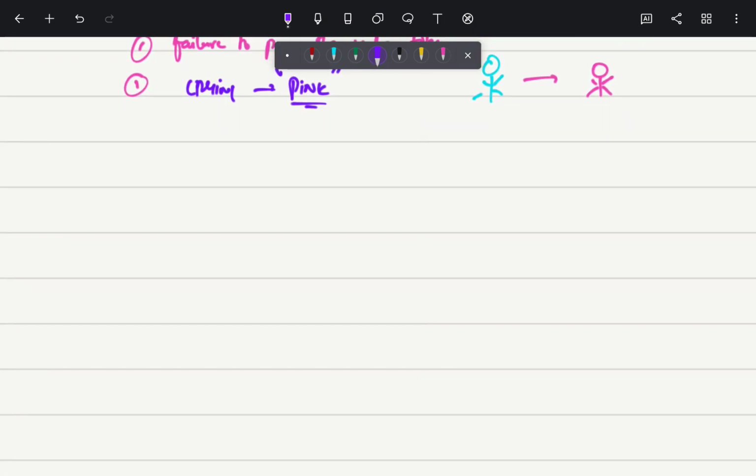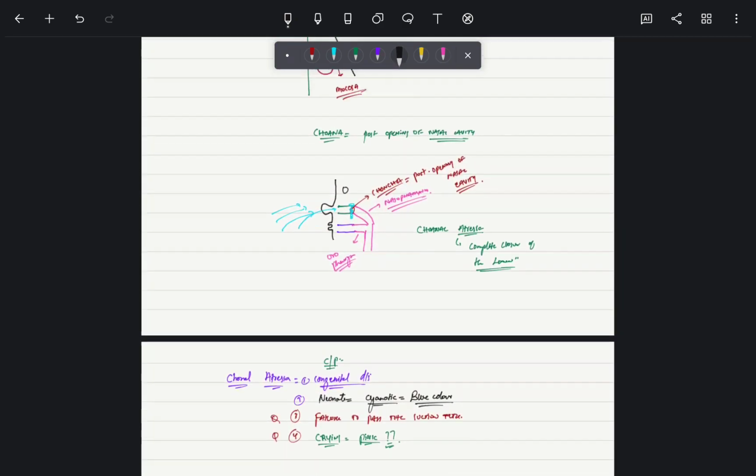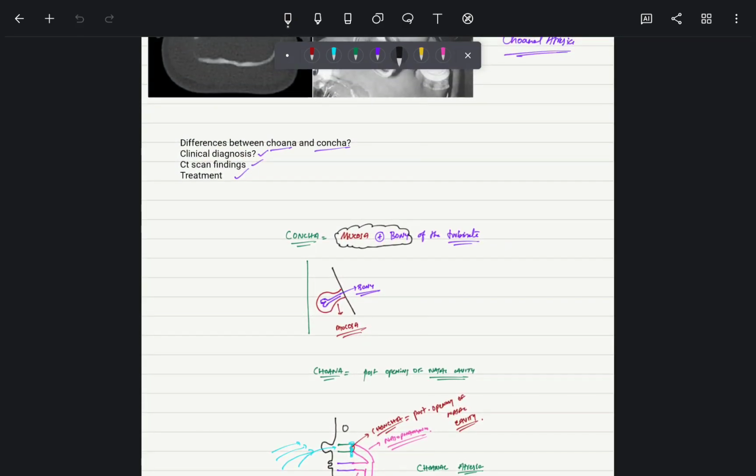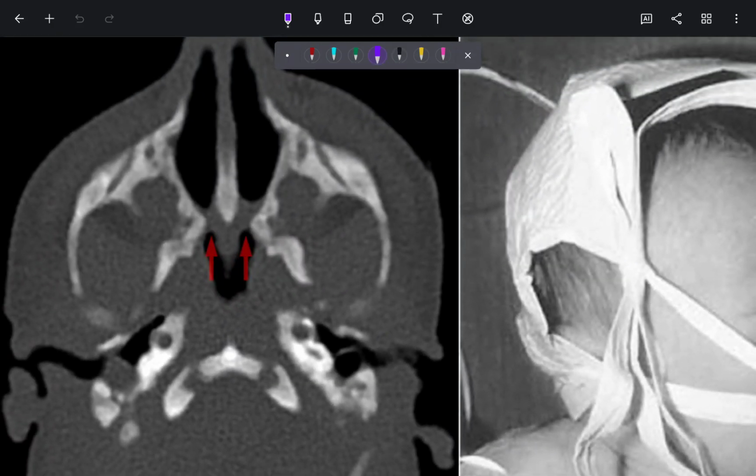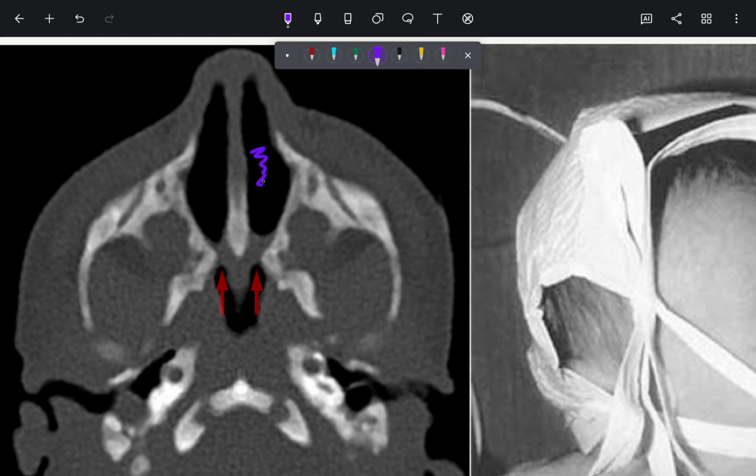Now what are you going to do in this patient? Okay, first of all I would like to say what the CT scan findings of this patient are. As you can see here, can you see this black color area? This black color area is your nasal cavity.